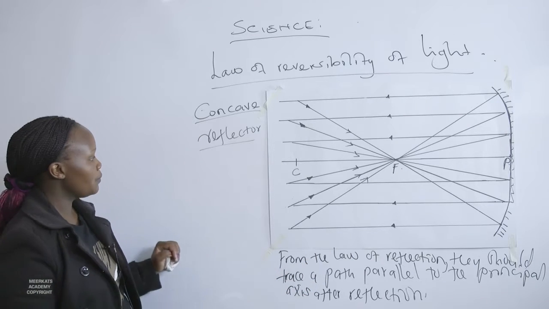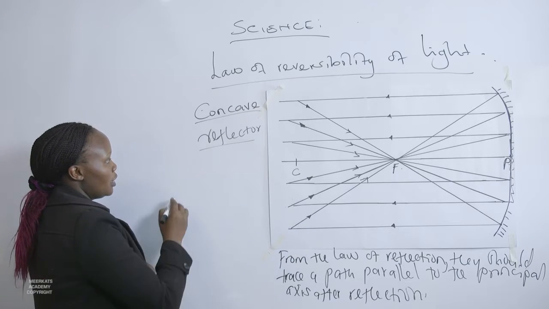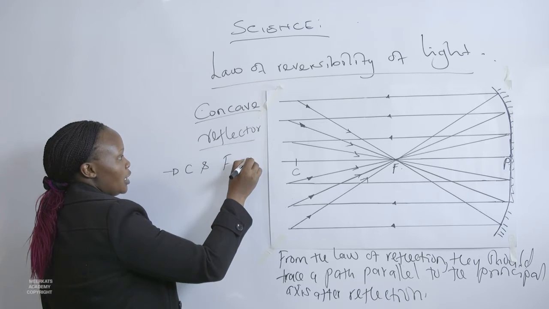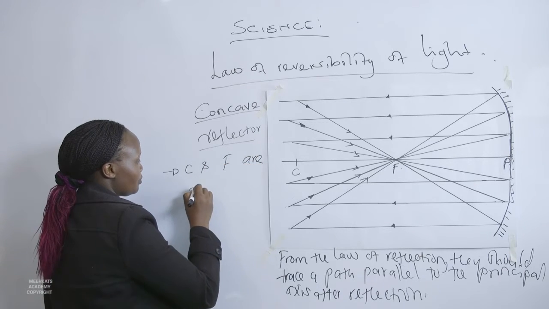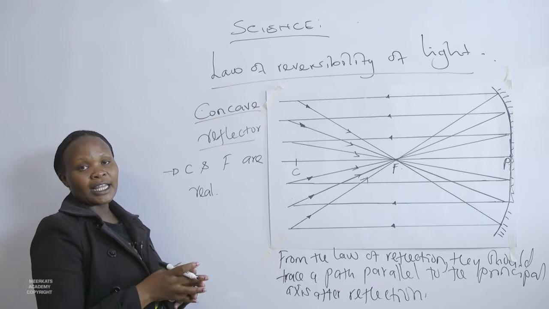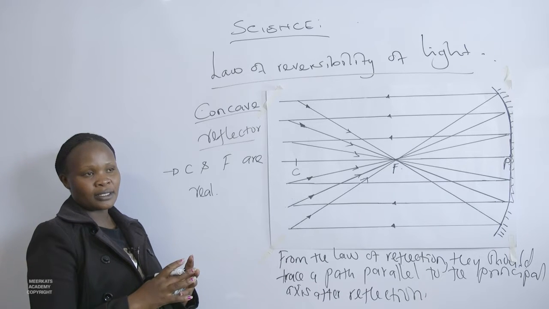Note that for this reflector, C and F are real. That is why we say that rays of light will actually pass through F and C.